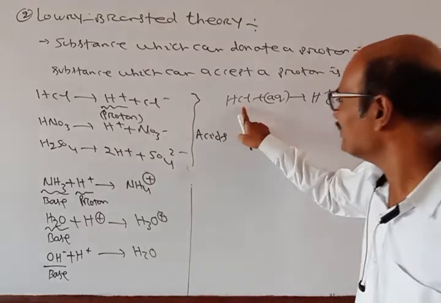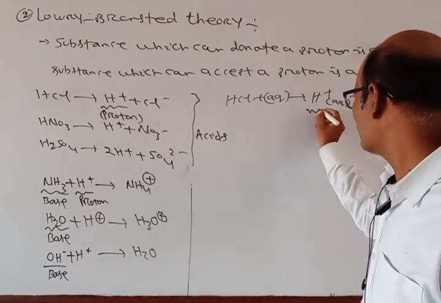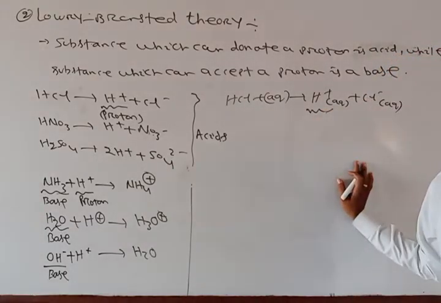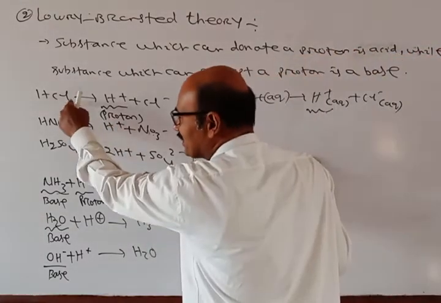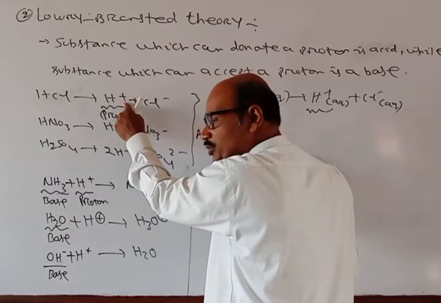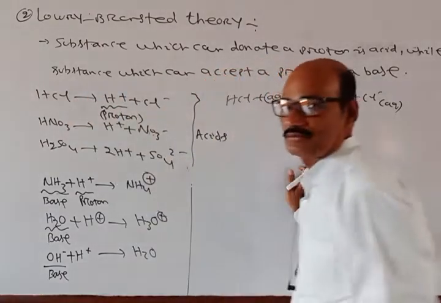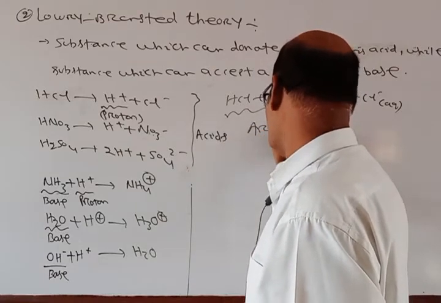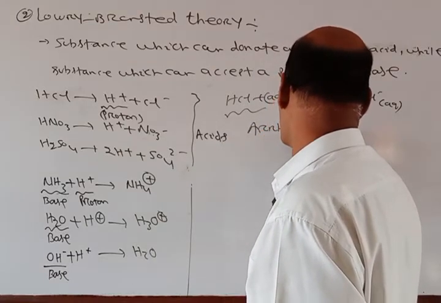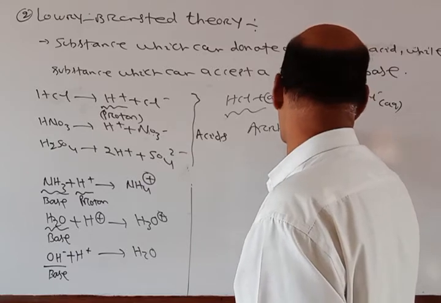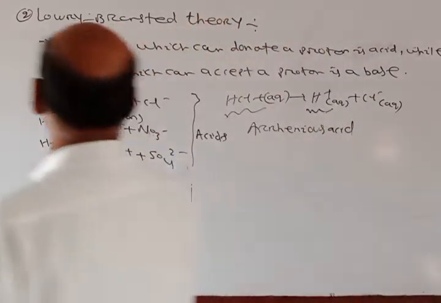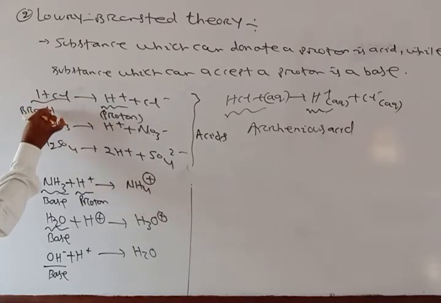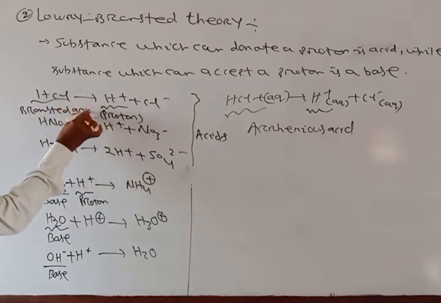So HCl in aqueous medium can give H plus ion, so it is an acid. Similarly, HCl can give a proton here, so it is also an acid. But here, I can say it is an Arrhenius acid, and this is a Bronsted acid.